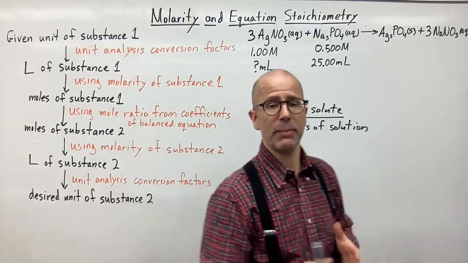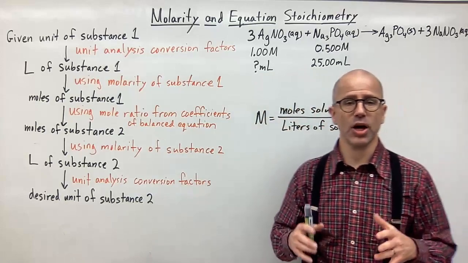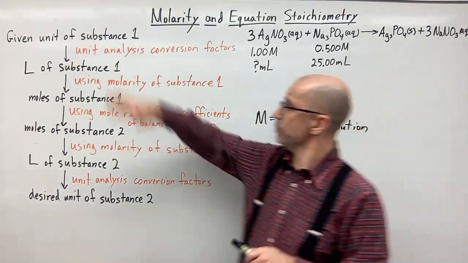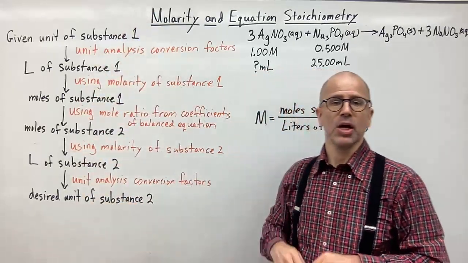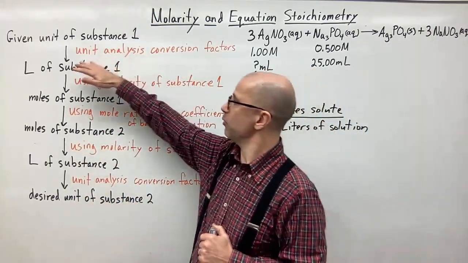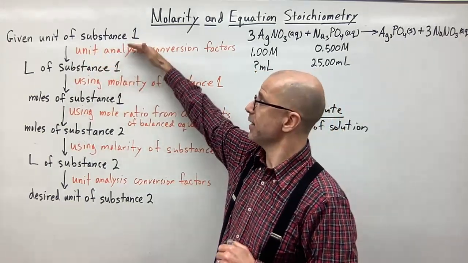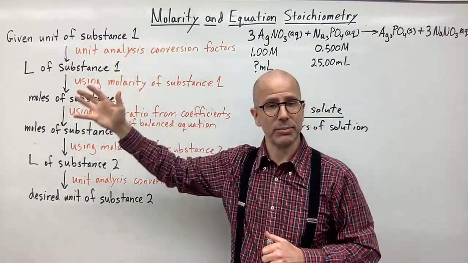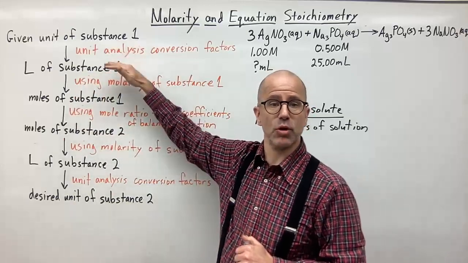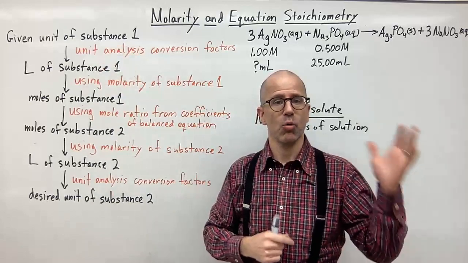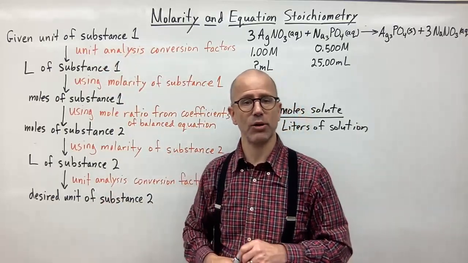If you remember in my previous videos where I was talking about mass to mass conversions, you remember this roadmap here. You started out with a certain unit of mass for substance 1, and then you converted that unit to grams using unit analysis conversion factors like 1 kilogram is equal to 1,000 grams.